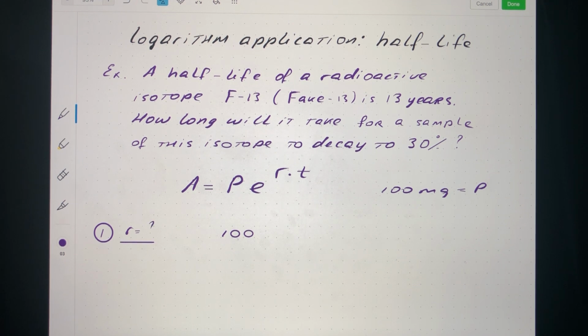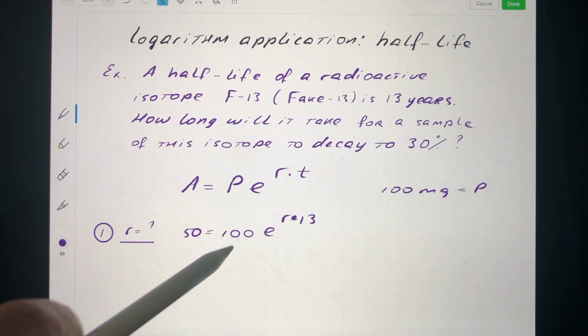So if we assume that we start with 100, and then our half-life is 13, which means in 13 years our amount will go to half, which is 50, the only thing unknown is the rate, and we can find the rate.